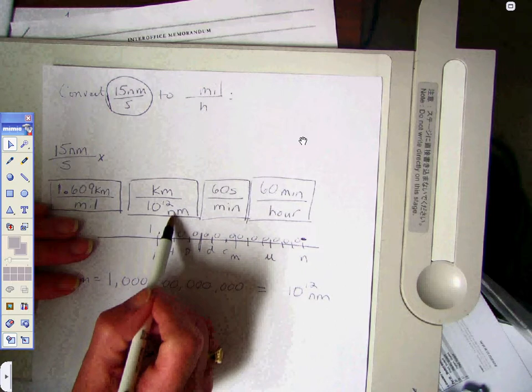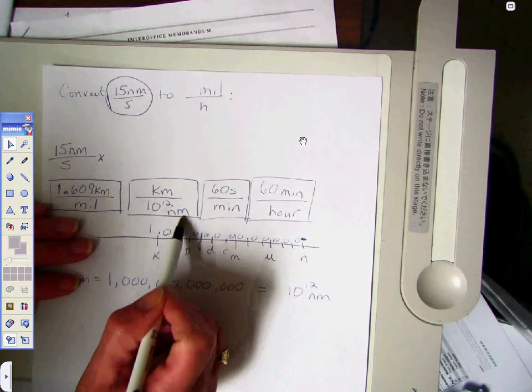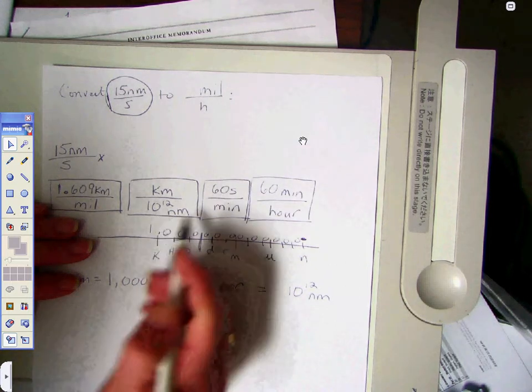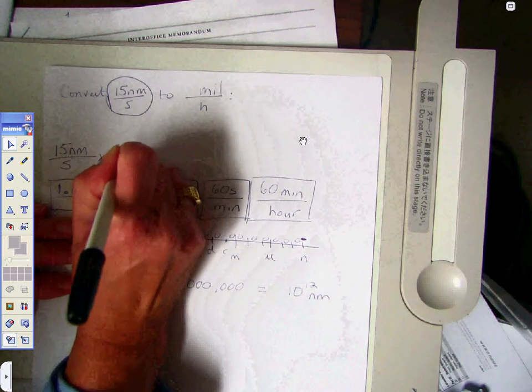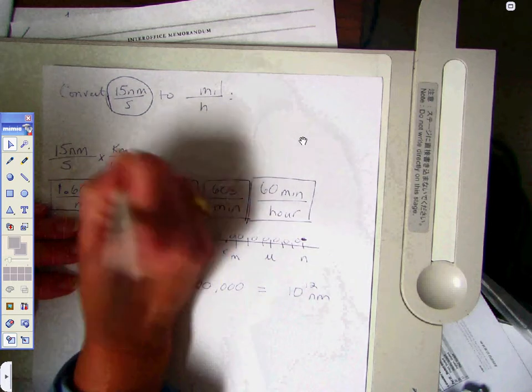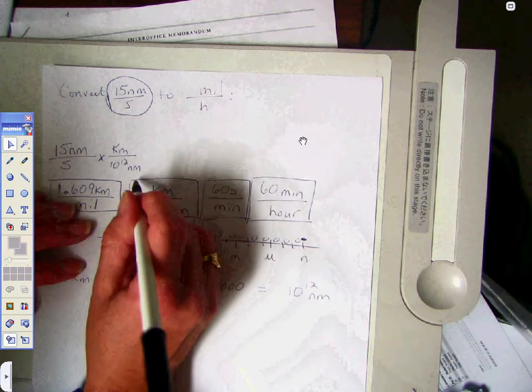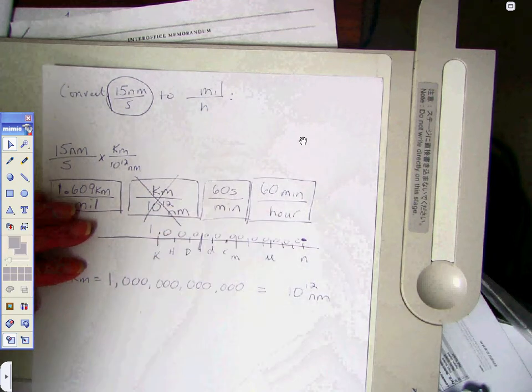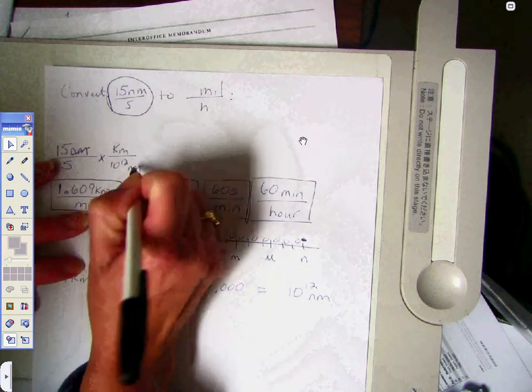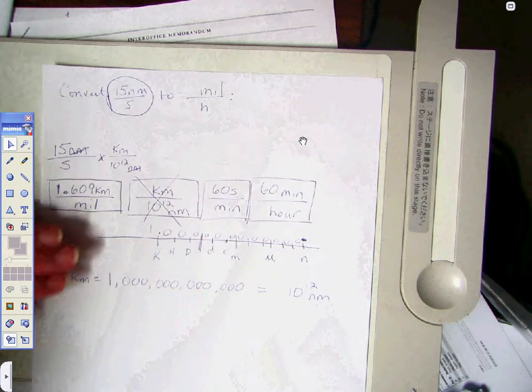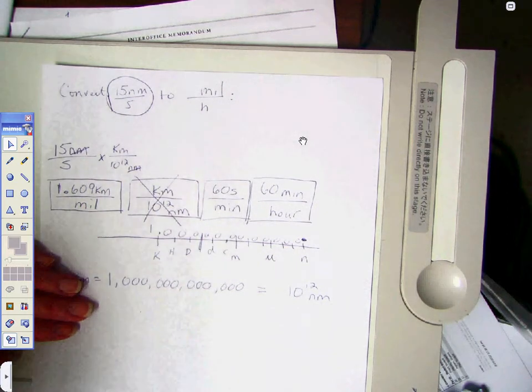If I want to cancel nanometers, nanometers has to be in the bottom. So I'm going to leave it like that as is. Okay, and I'm going to put an X through this because I know I've already used it. I'm going to cross out my nanometers here. I'm left with kilometers on top.